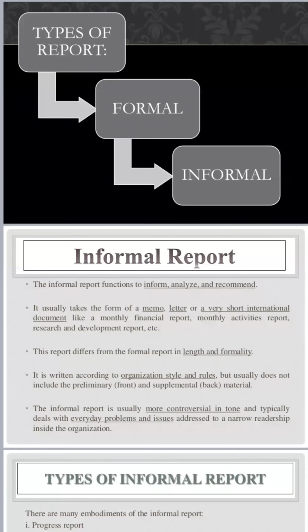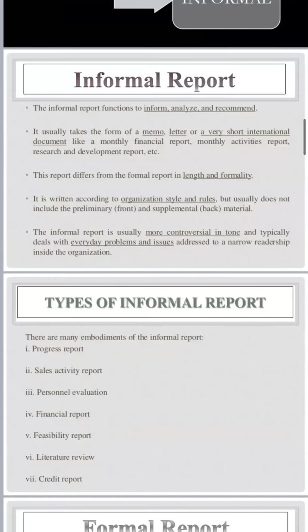When we talk about them, we head towards the first one, informal report writing. Informal report writing basically just gives you some information, and from that information you tell what you have analyzed. After the analysis you just give recommendations. That's why your report will be divided into these three parts: information, analysis, and recommendation.